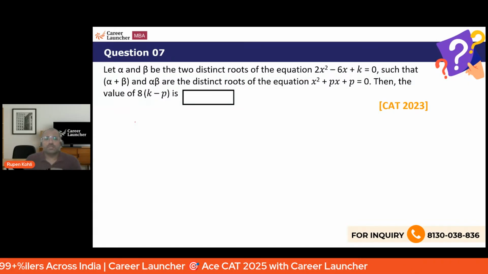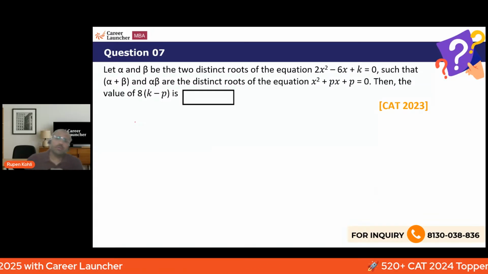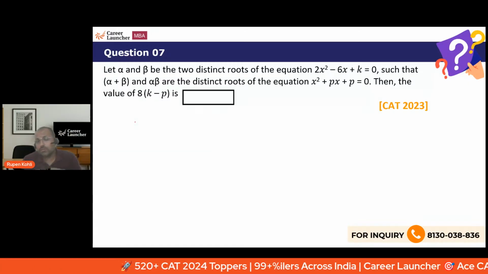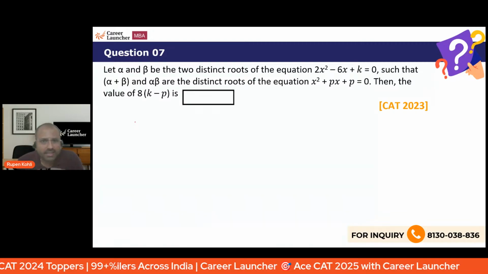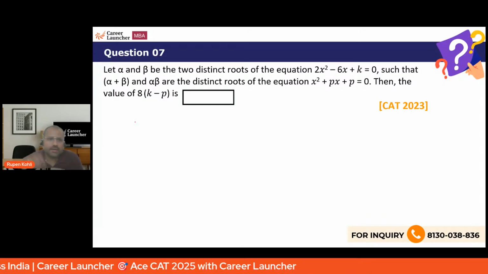So first there is a quadratic, its roots are given alpha and beta. Then there is another quadratic, and its roots are in terms of the roots of the previous equation, such that the roots of the second equation are the sum and the product of the roots of the first equation.